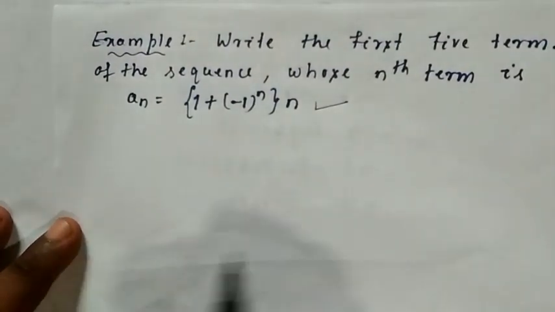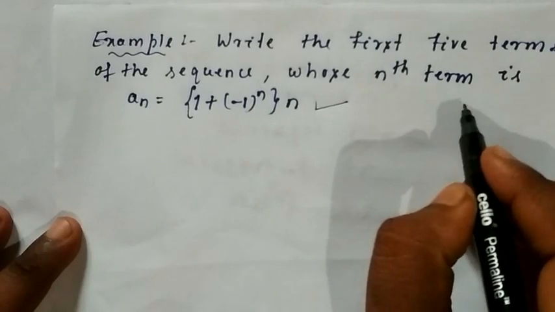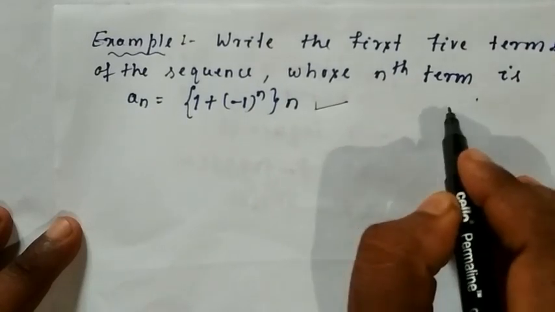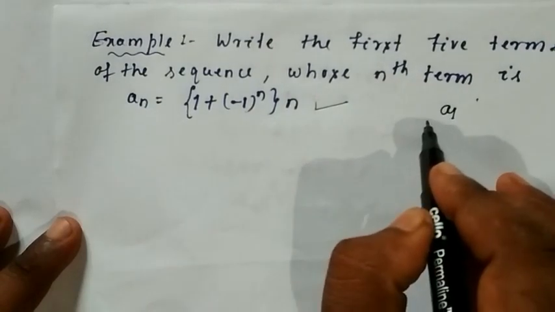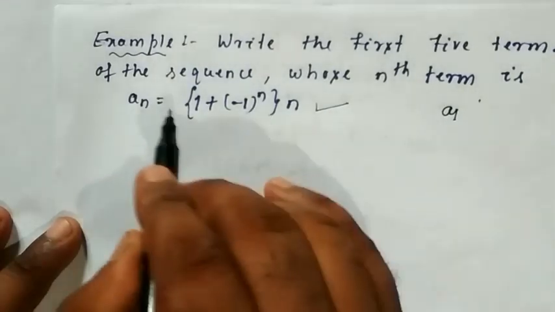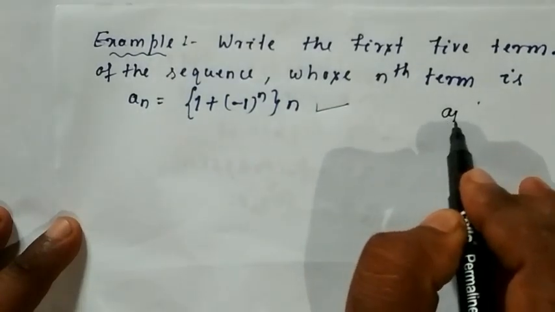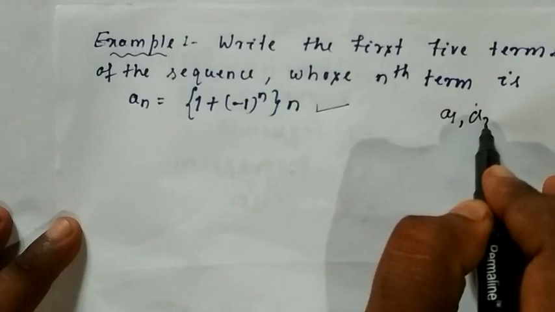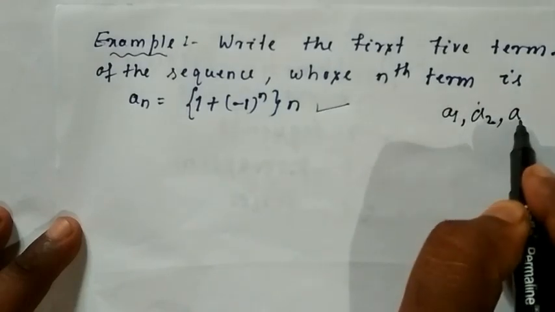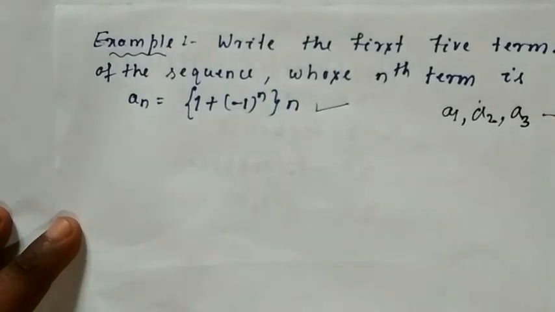I already said that the first term you can represent as a1. If you represent the nth term as a_n, then the first term will be a1, the second term a2, the third term a3, and so on.